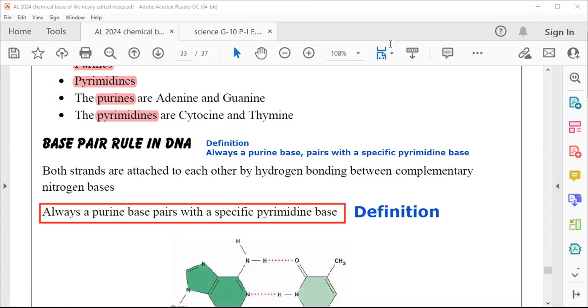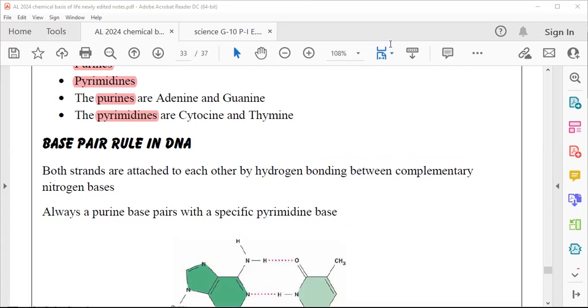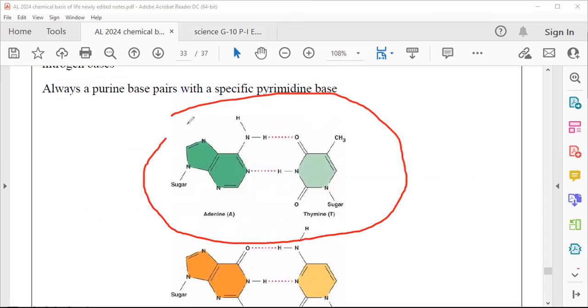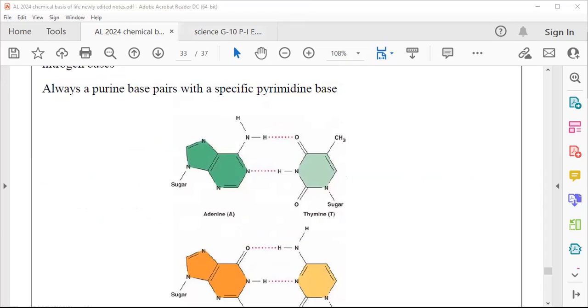Have you marked it? Yes, sir. Here you can see the base pairing. Base pairing between whom and whom is given here? Adenine and thymine. Between adenine and thymine, how many hydrogen bonds are present? Two hydrogen bonds.